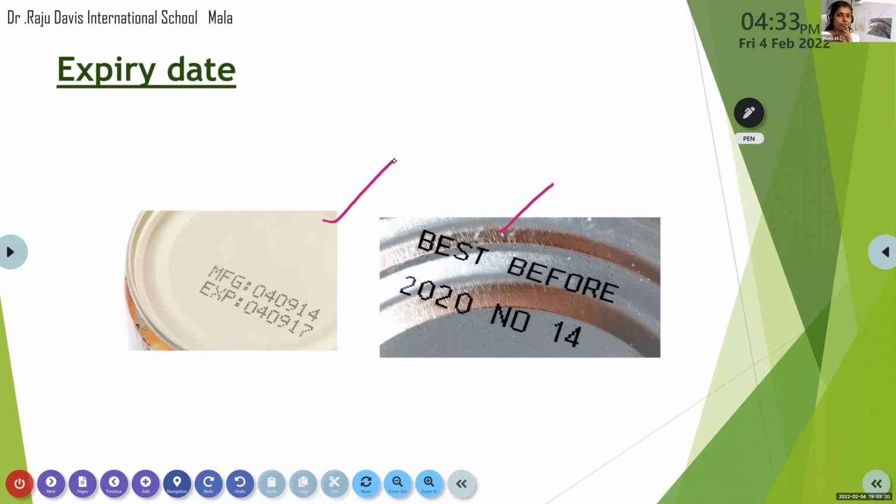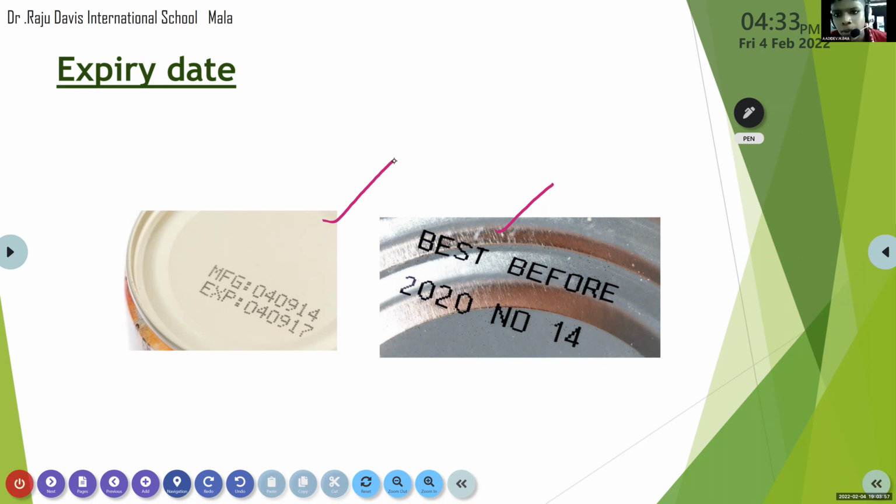After the date, we cannot use that food, because it will be spoiled and it will affect our health. So whenever we buy any item from the market, we must check the expiry date.